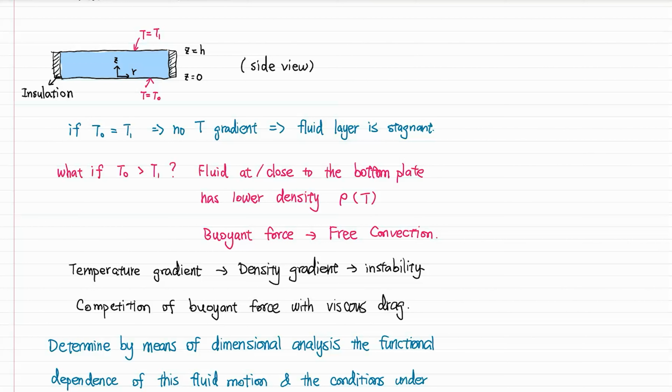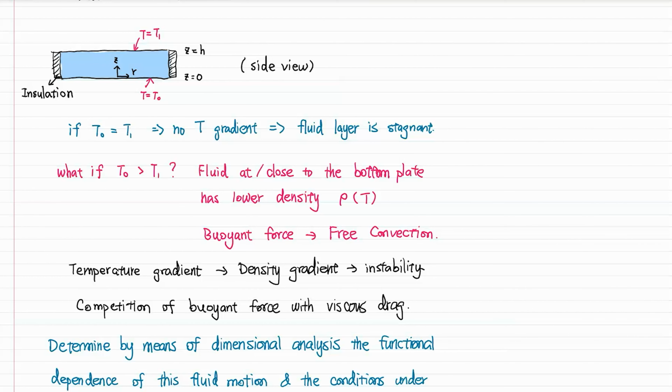And if that difference in density gets large enough, it may overcome the viscous drag force of the fluid, and then free convection might start happening. What we're trying to do here is to use dimensional analysis to see under what kind of condition you would start expecting free convection, and under what kind of condition free convection may not occur.